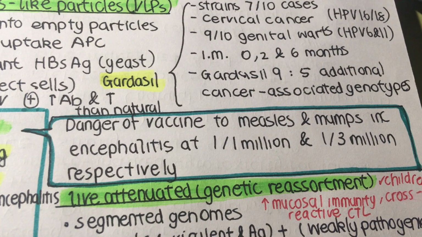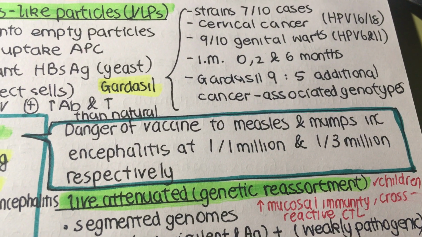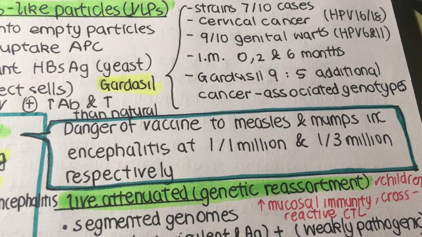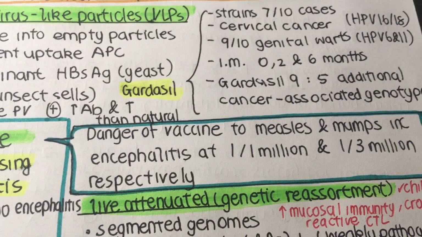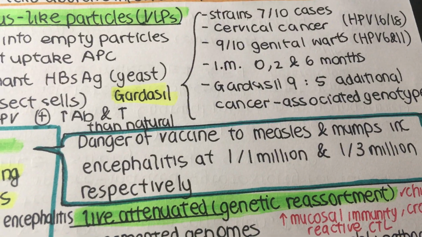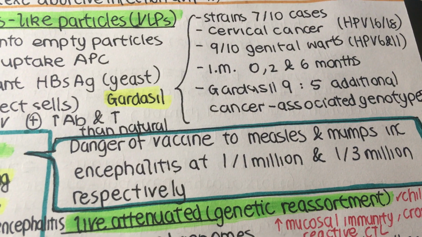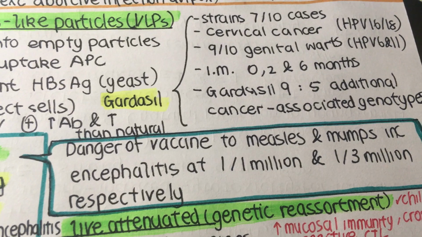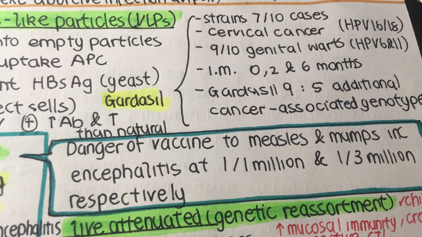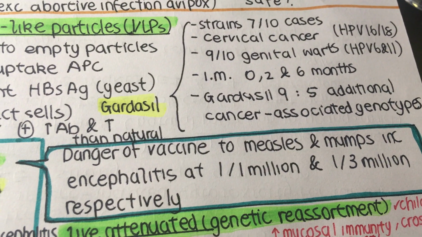An example of a live attenuated genetic reassortment virus vaccine is called FluMist, which protects against influenza. It contains genes for the hemagglutinin and neuraminidase enzymes of the current flu strain.